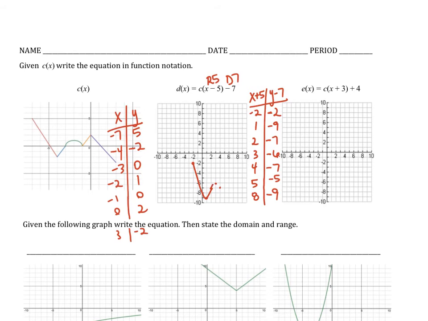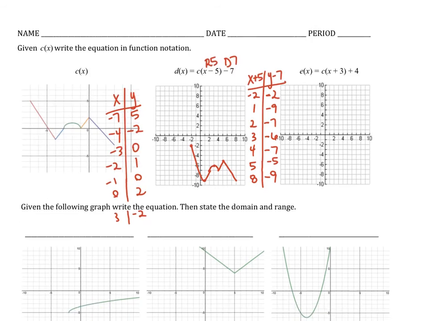And this is a curve. 5, negative 5. And then 8, negative 9 down here. So that's what my graph is going to look like. Again, this one looks like it's scrunched in more just because we do not have the same shape of grids. Last bit.